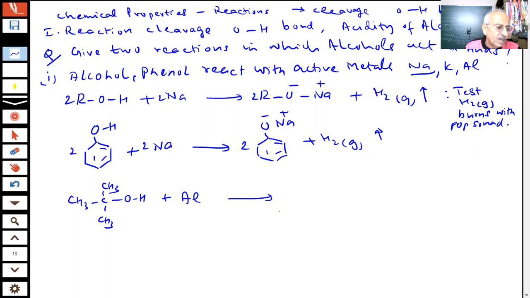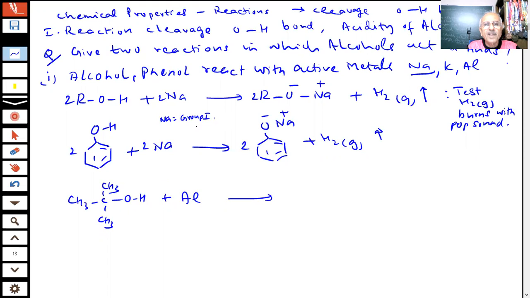Write down. Here, you know aluminium belongs to which group? Group 13. Sodium is in group 1.